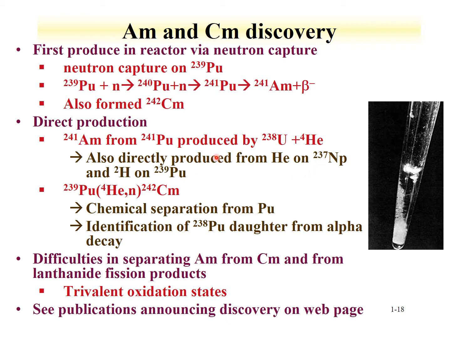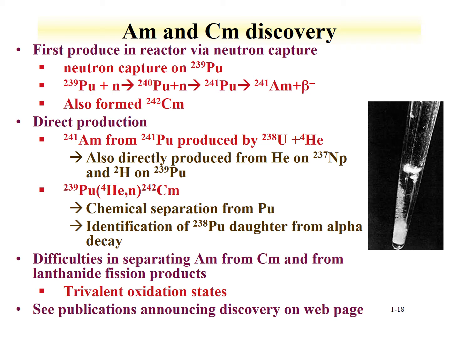And then you could get another sort of direct production by using the same sort of reaction, except with Neptunium-237. The way we would write a reaction for the production of curium-242 is shown here, where one took plutonium-239, bombard it with helium, a neutron would come out, and you would make this curium-242.